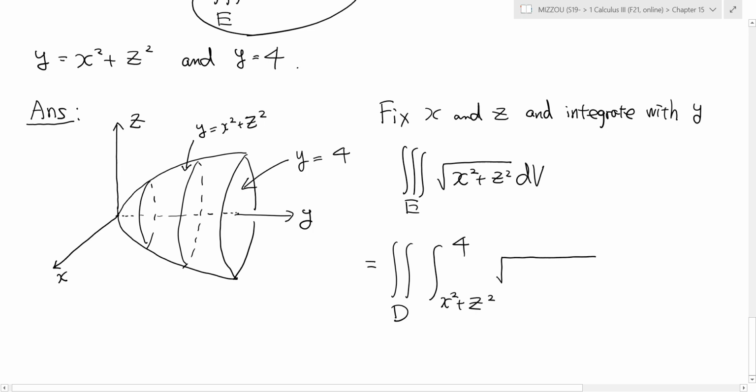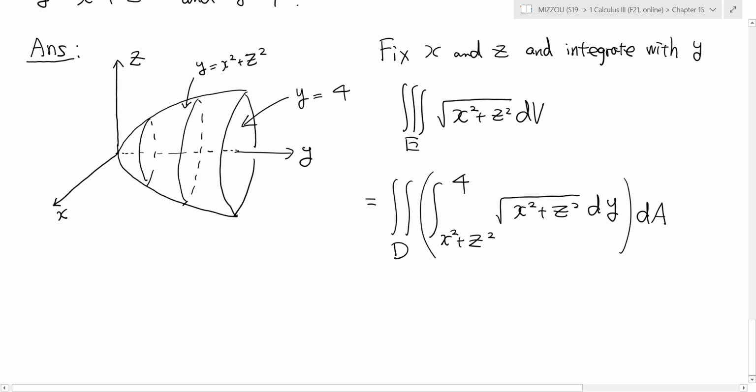And then you do it like this. What's this? Let me write here, the double integral of root x squared plus z squared, where x and z are considered constant, viewed as a constant.